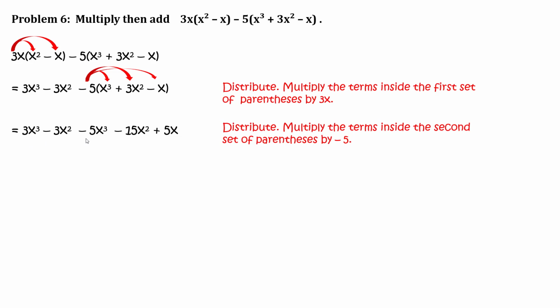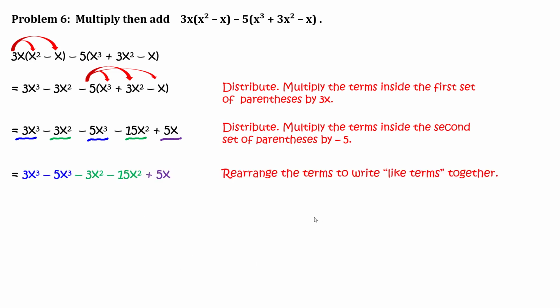And then I notice that I have a few terms here, and unlike at the end of the last example, I do have a few terms of the same degree, or like terms. So let me make a note of them. I have two cubic terms, third degree terms, two quadratic terms, or second degree terms, and I have one linear term.